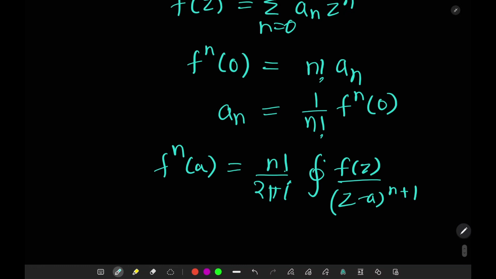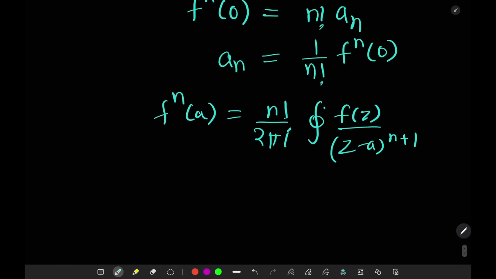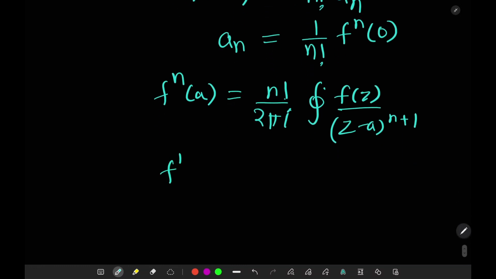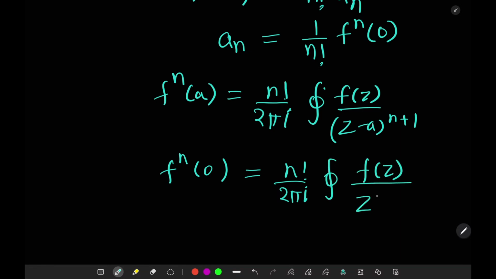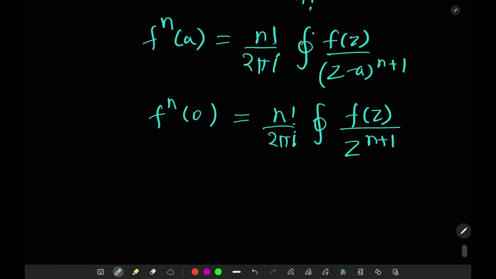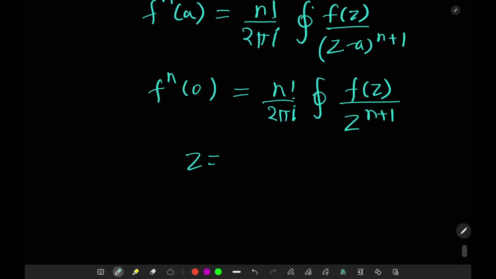Here we use f(0), so put here nth derivative of f at 0 equals to factorial n divided by 2 pi iota closed integration of f(z) divided by z raised to power n plus 1. Here z is equal to r e raised to power iota theta.